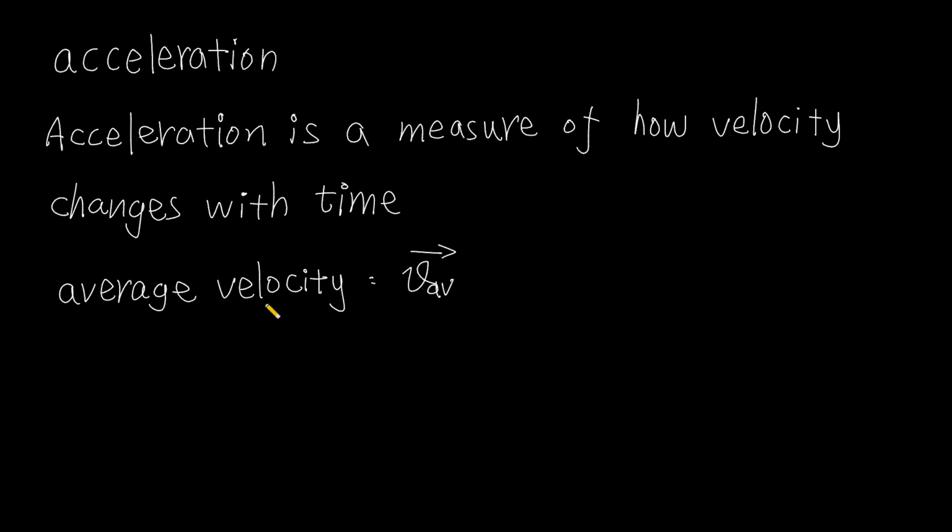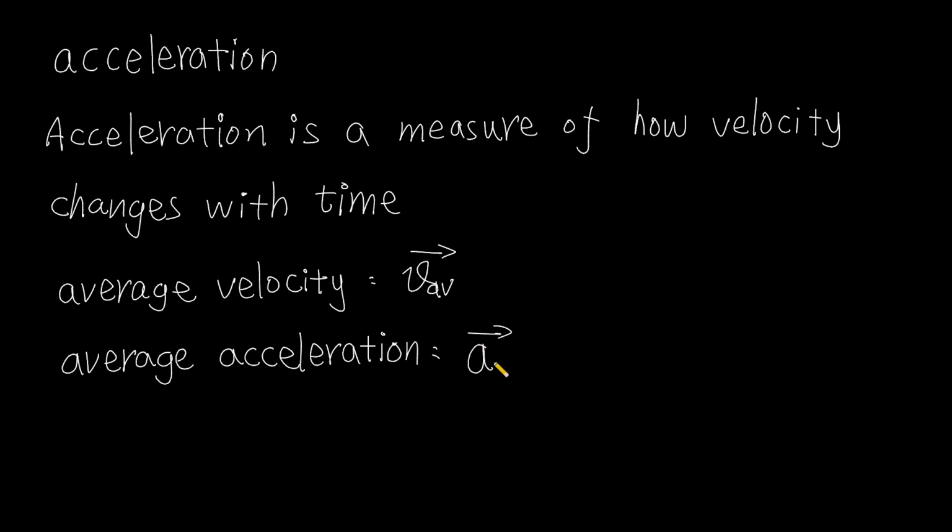And there is average velocity, and there is also average acceleration. And we use this symbol to represent average acceleration. And acceleration is also a vector. It has magnitude and it has direction.